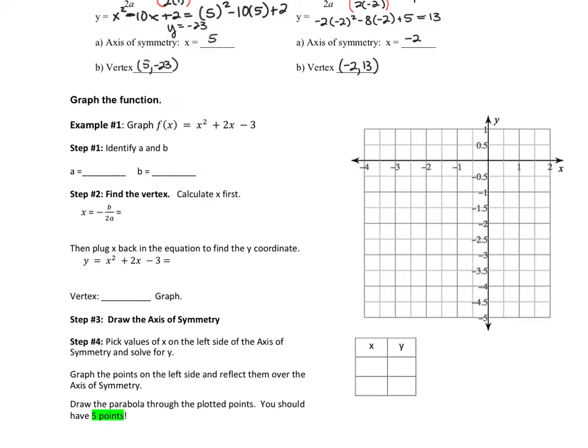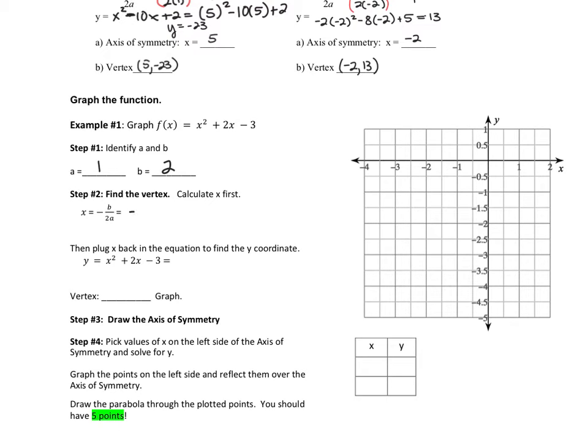Graph the function. We're going to go over examples for graphing the quadratic function in standard form. The first thing we have to do, step 1, is identify a and b. a is 1. It's the number in front of x squared. If you see no number, the number is 1. And then b is 2. That's the number in front of x.